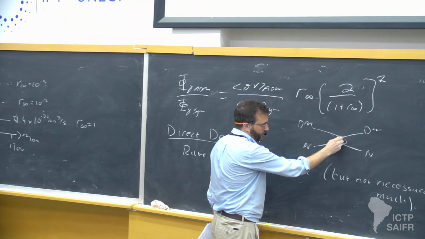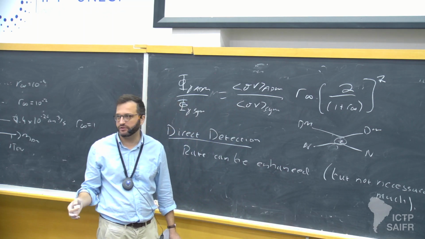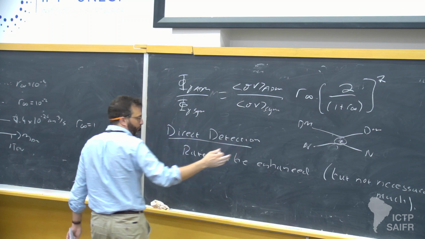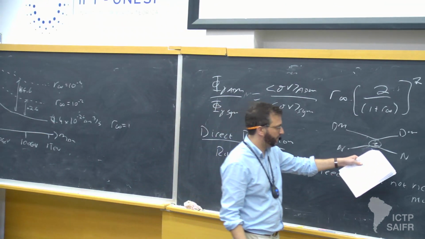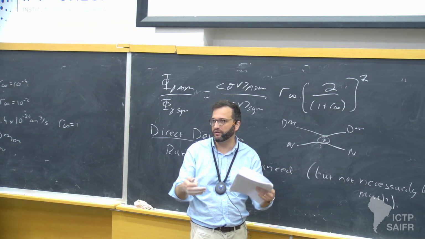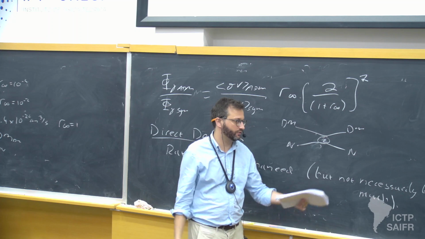The couplings that enter this interaction, the mediator particles and so on, are in many models related to the annihilation cross-section, the same parameters that are giving you the annihilation cross-section.